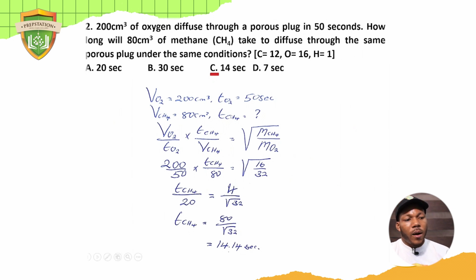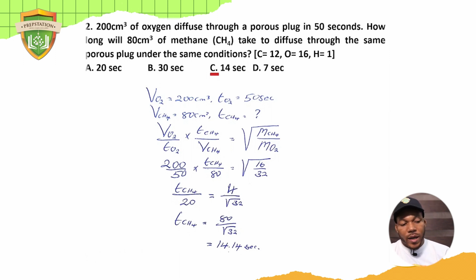So the atomic mass of hydrogen is 1, so 1 times 4 plus 12 gives us 16, as you can see on the screen here. 16 for methane, CH4. Then 32 is 16 times 2. So when you now do this, you square both sides. Okay, here we do not square both sides because there are many approaches to solve this kind of question.